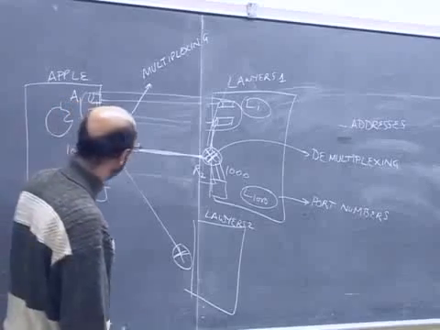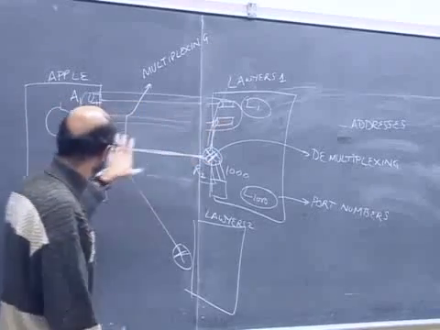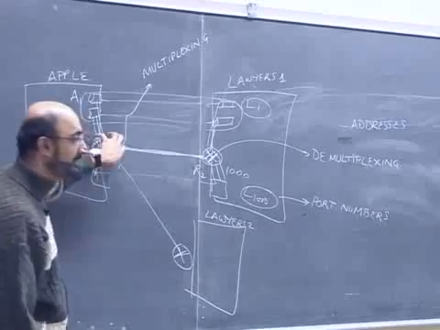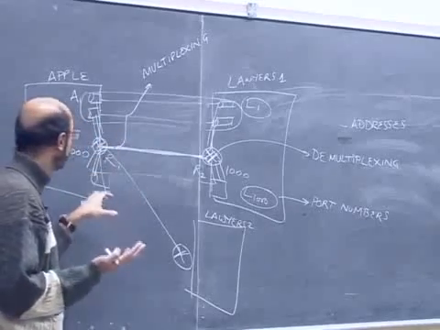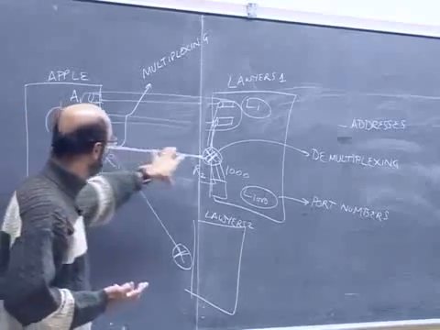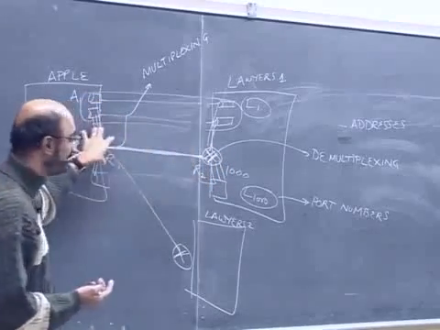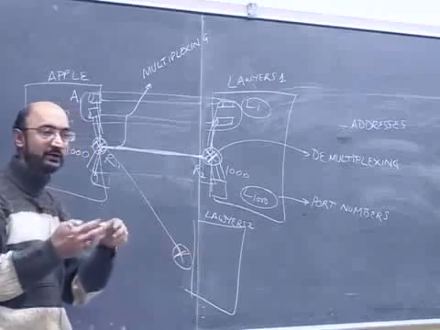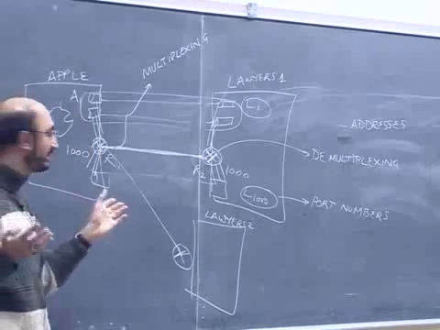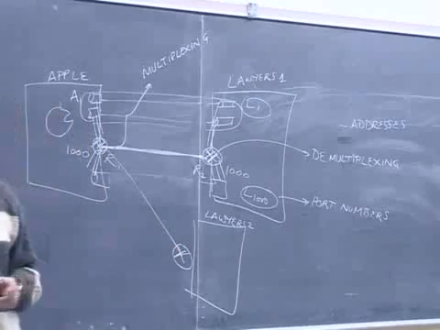And finally, this router over here needs to have some way of knowing that if I have to go to this over here, I have to go in this direction. If I want this address, I want to go in that direction. So it has a way to route to a particular destination based on the destination address.